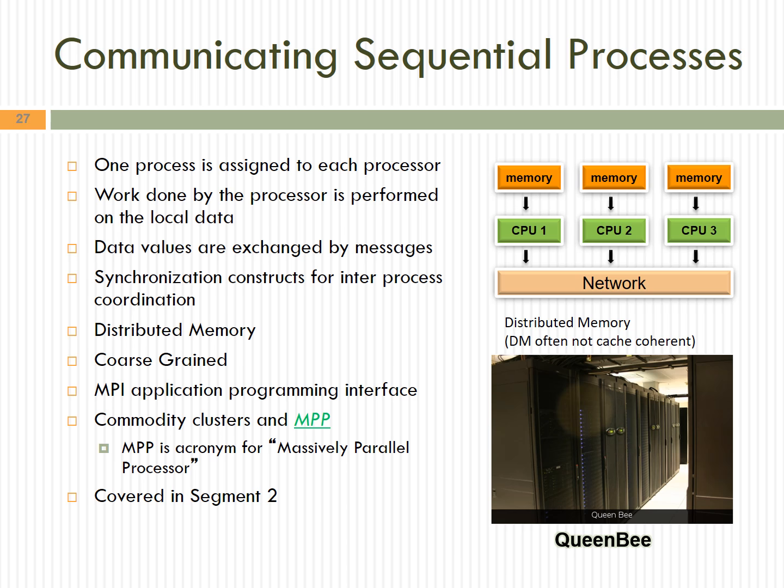The data values are exchanged by messages. Synchronization constructs for inter-process coordination. Distributed memory, MPI application programming interface. Commodity cluster and MPP, massively parallel processor, covered in segment 2. The picture on the right-hand side shows the distributed memory, often not cache coherent.